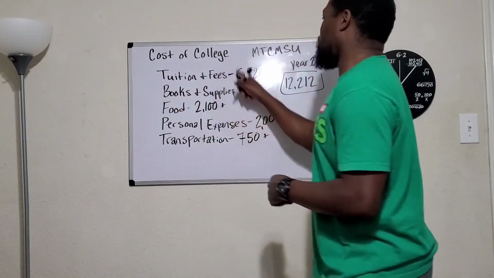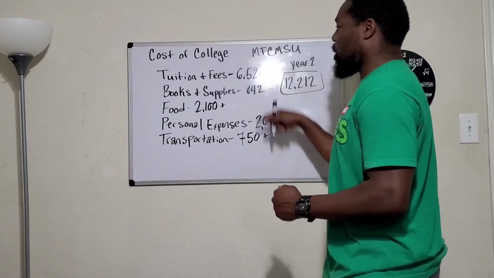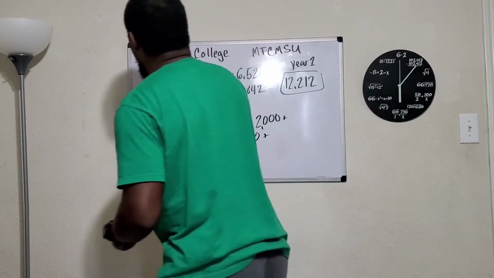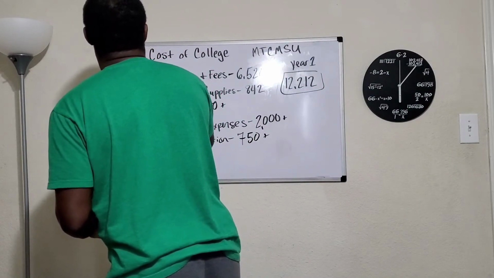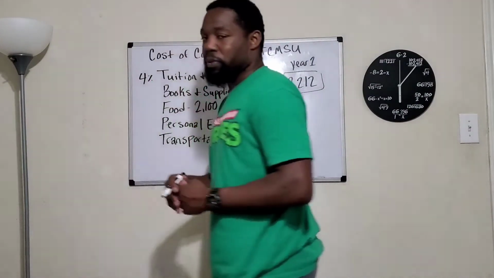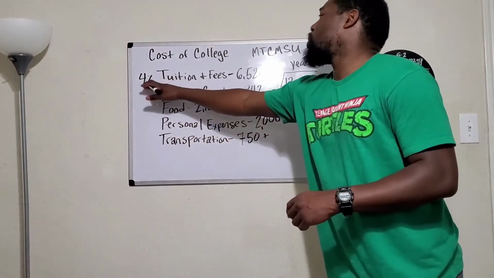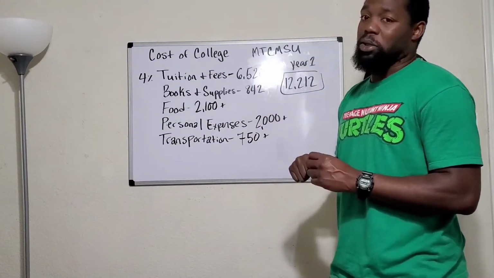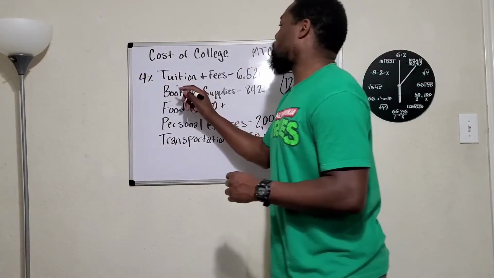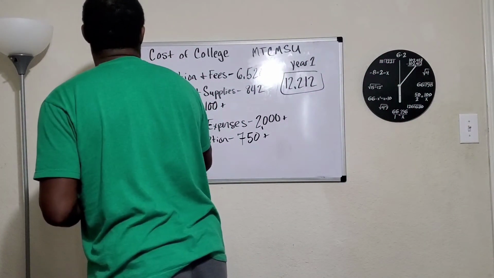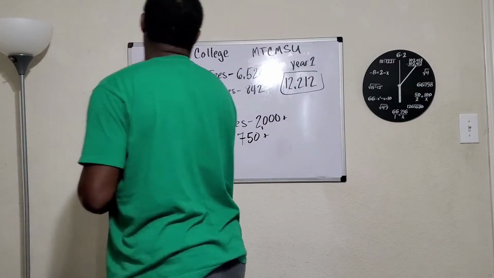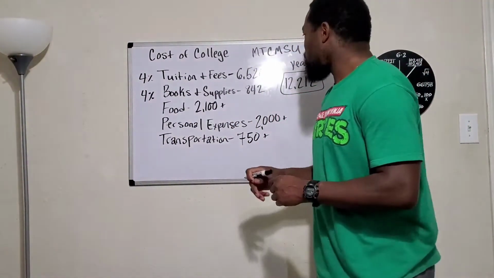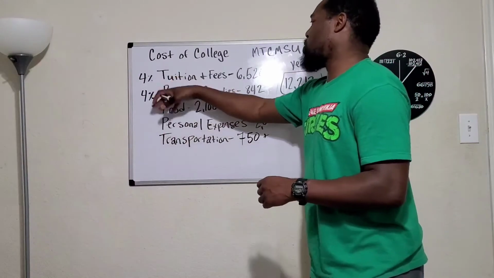In year one, this was how much everything cost. But in year two, during your second year, your tuition will rise 4%. Now this is going to be more than that in year two, right? And let's also add 4% to our books. Our books will also go up 4%, right? So we have these two things right here.